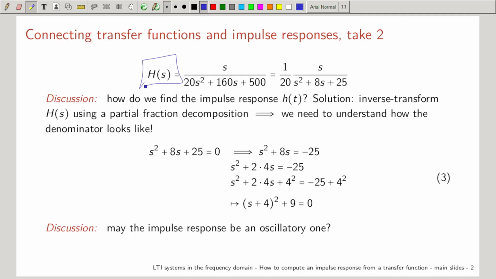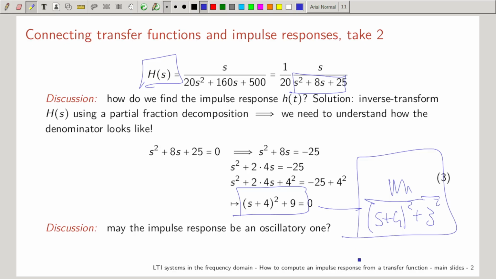If I've got this H(s) that has this denominator, we already know from what we were writing that we can write this as something divided by (s plus 4) squared plus 3 squared. This is my H(s). Can the h(t) be something looking like this one in time? Yes, no, I do not know. Discuss. Is the question clear?